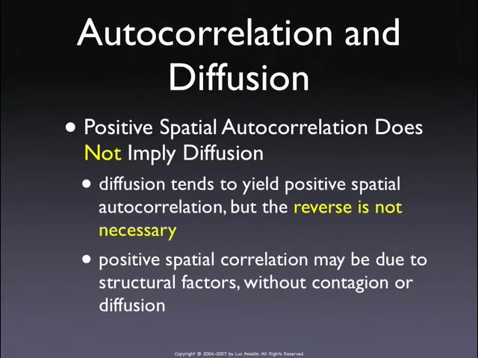Is it because a new gang moved in and started stirring things up? Or is it because the neighborhood is poor, broken windows, abandoned houses? Structural. Without that extra information, you cannot draw these conclusions. But what you can say is that the fact that you observe this particular pattern is not compatible with randomness. So there is a structure there.